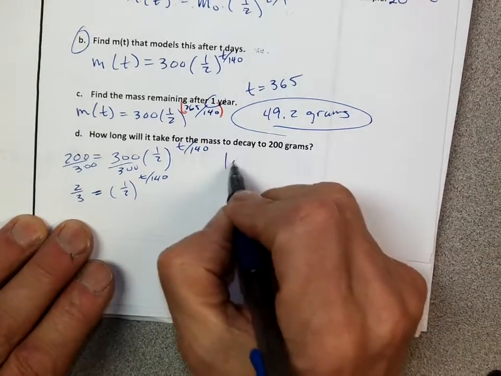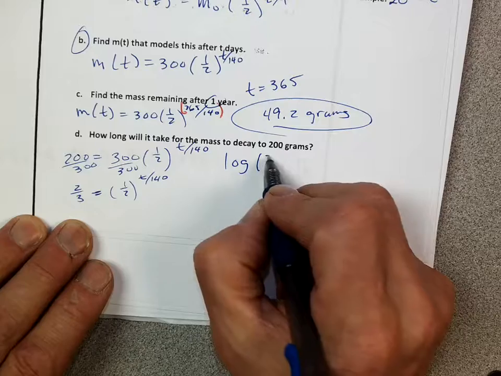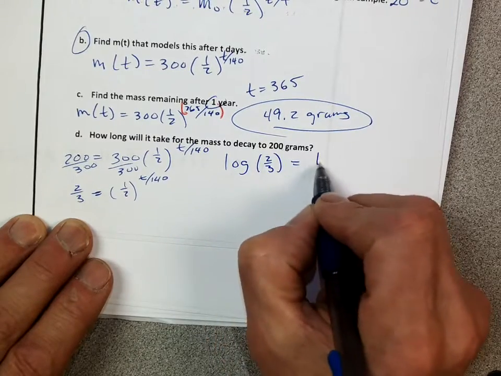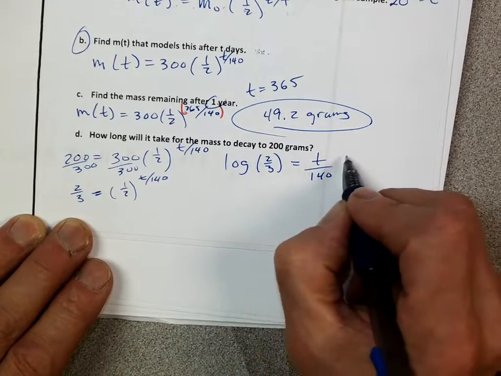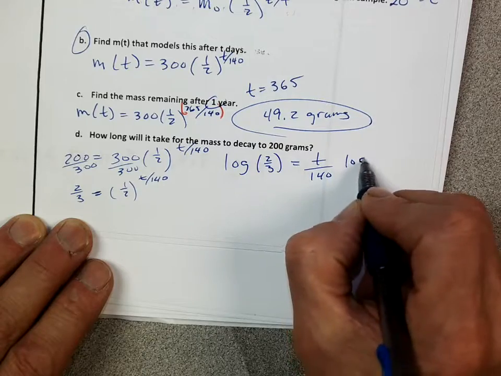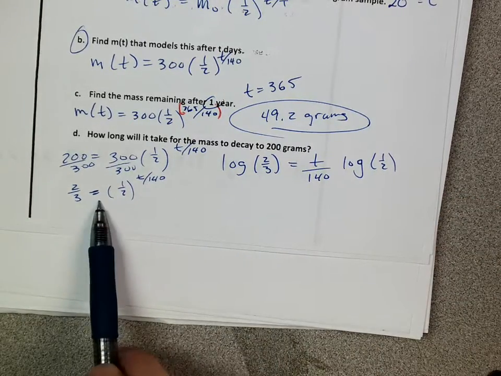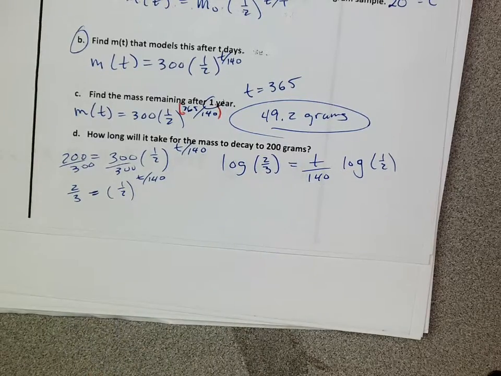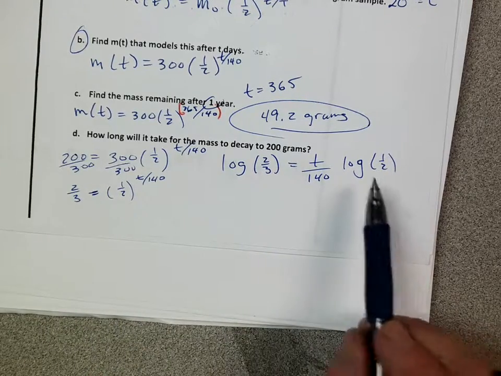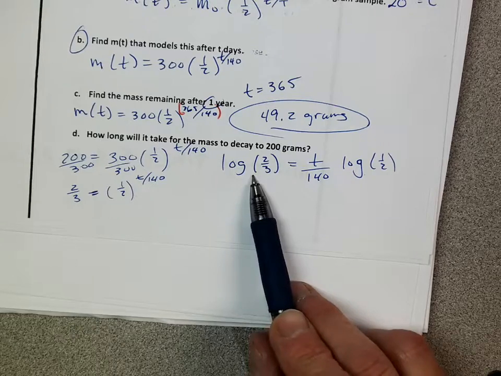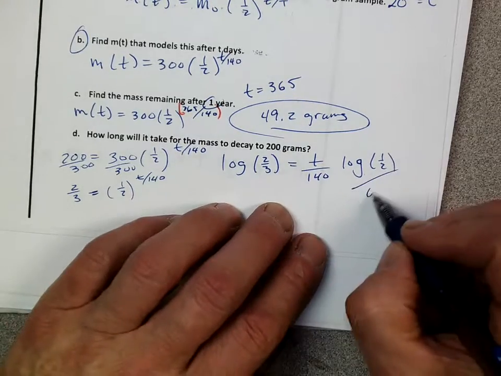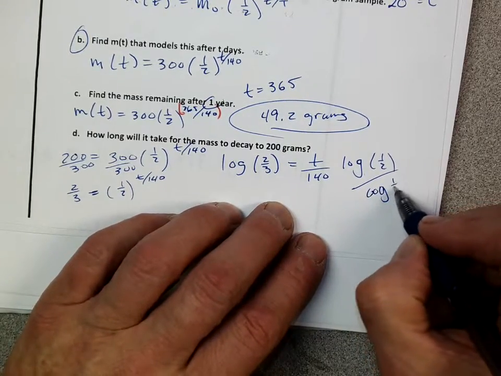So we'll take the log of 2/3 equals t over 140 times the log of 1/2. I skipped a step, but you know what I did. I brought that down because I took the log of it. Now I've got to solve for t, so let's divide by log of 1/2.